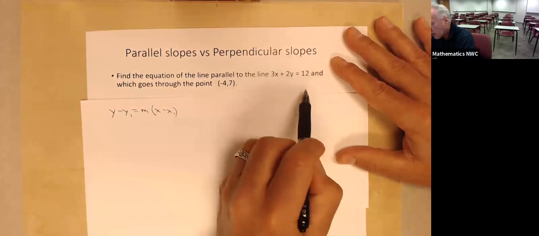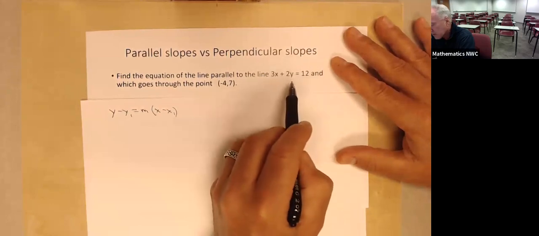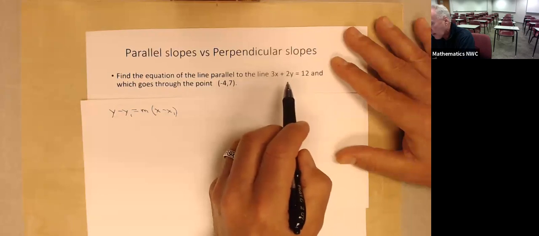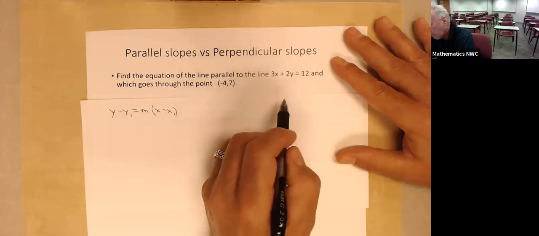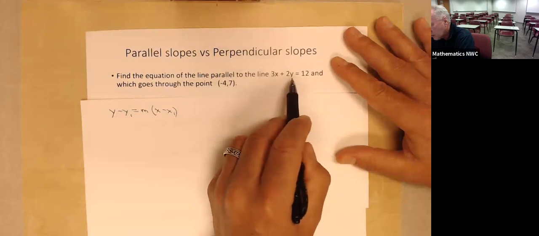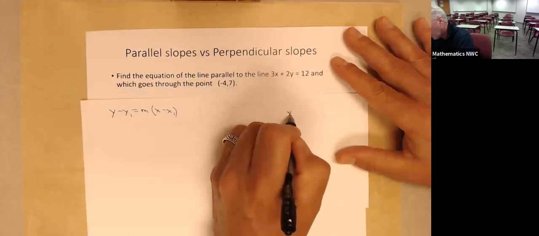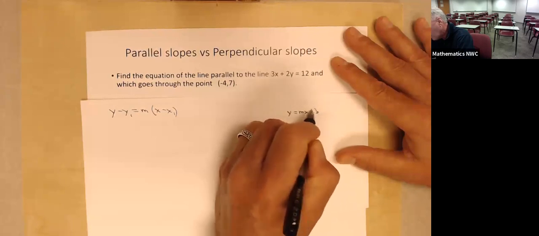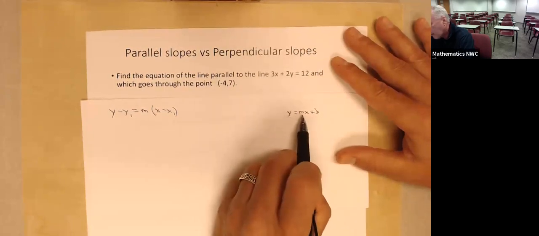Knowing that it has the same slope, I need to get the slope from that equation. I could make a chart and graph a bunch of points. That would work, but it would take more time than another method. A better method would be to solve this equation for y, because then I know if it's solved for y, the number in front of x would be my slope.